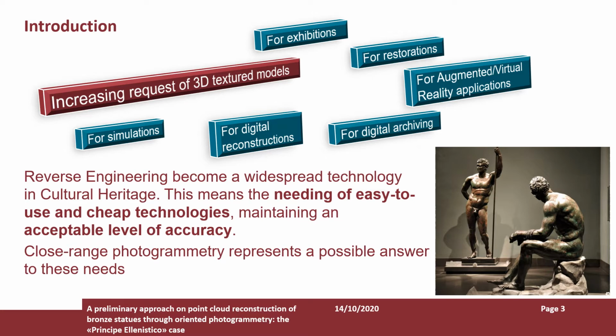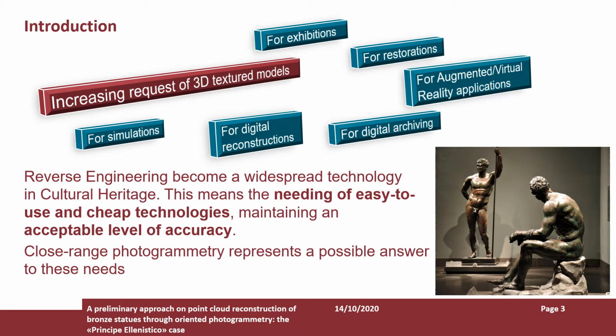So, reverse engineering is of fundamental importance in this field. As you may know, there are lots of possible techniques for reverse engineering an artifact, but obviously they have to be selected for each kind of artifact and material.